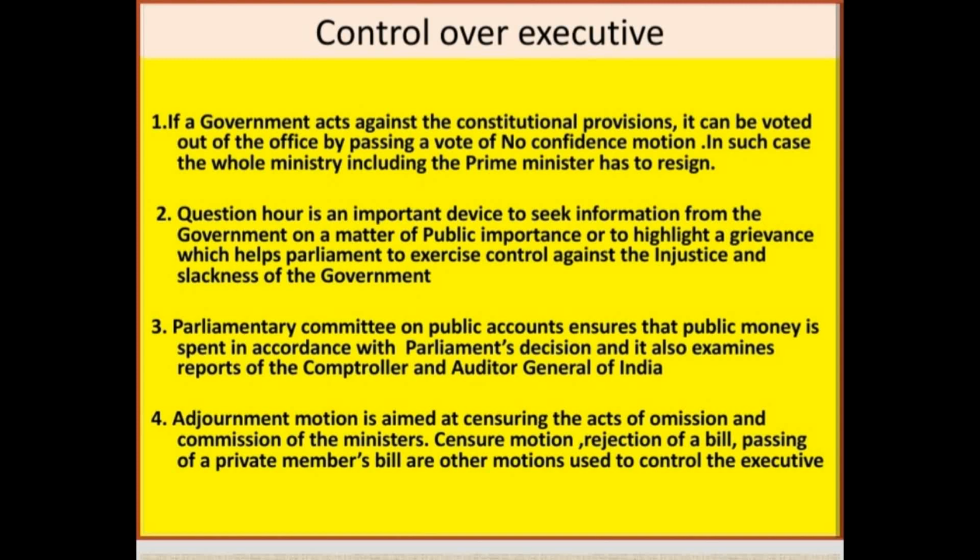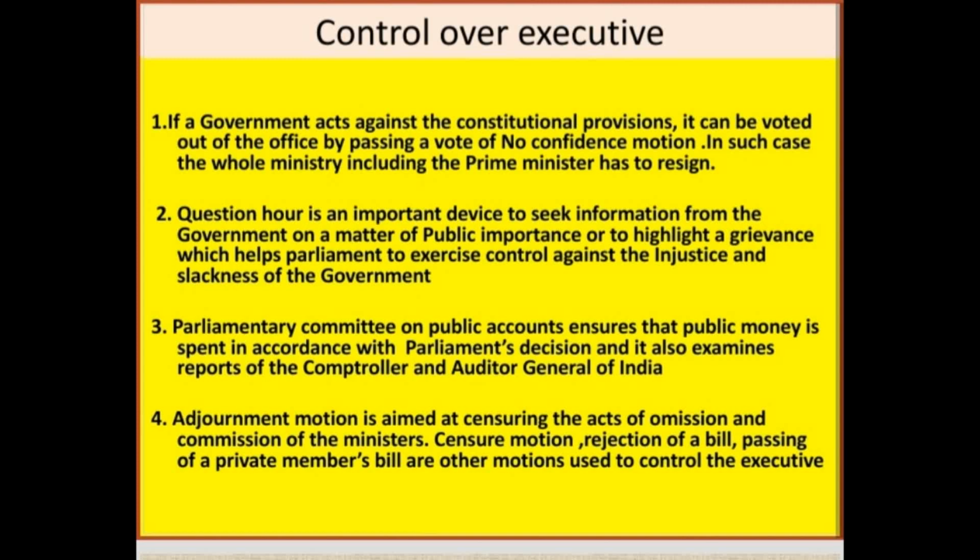And there is also one more motion called censure motion. Censure motion is different from adjournment motion or no confidence motion, because censure motion can be introduced only against a minister or a group of ministers, but in this motion there is no provision of dissolving or resignation of ministers.